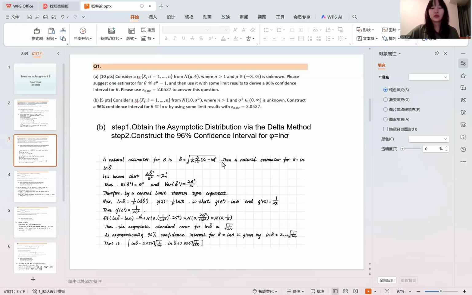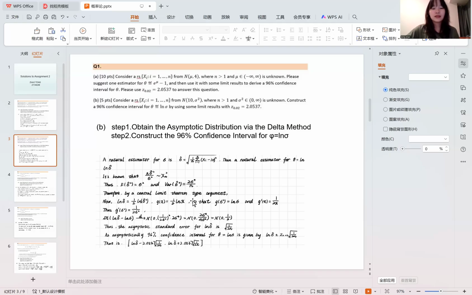Now we want to construct a confidence interval for theta. We first need the asymptotic distribution of ln sigma hat. Now, applying the delta method with the transformation h of sigma equal to ln sigma, we calculate its derivative like this.